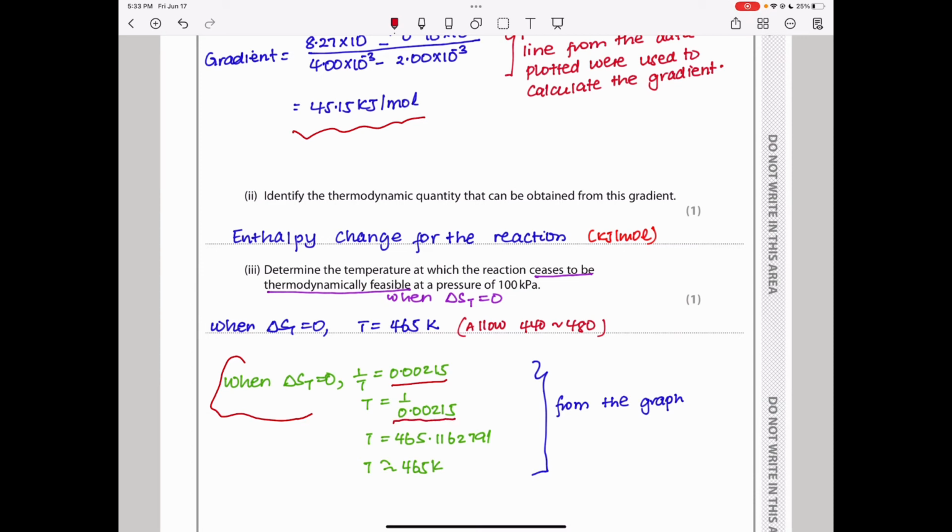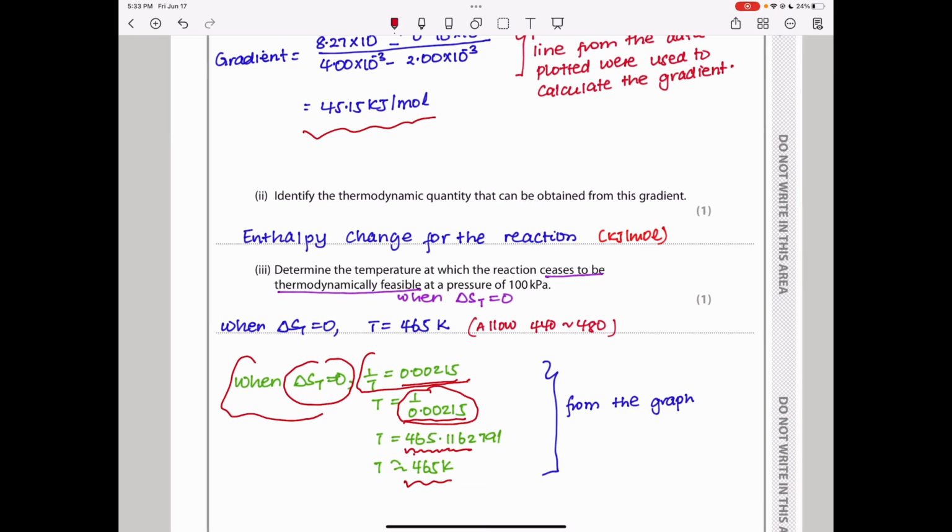Then we can find T is going to be 465, which is simplified to 465 if you take away the decimals. Again, I want to show you, this is going to be 0 when 1 over T is equal to that. Because it's 1 over T, T will be equal to 1 over that value. When you use your calculator, you're going to find 465.116, and then you'll be able to find the other answer.